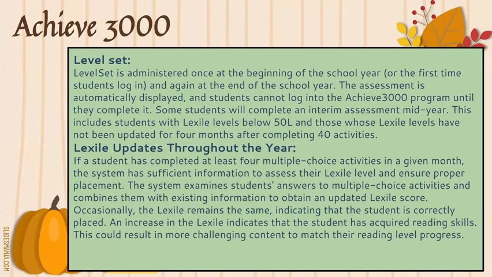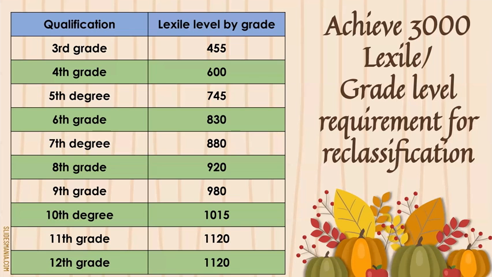So if we go to the next slide set here, what you'll see is the Lexiles depending on the grade level of the students, right? If you look here at the top, we have third grade, and what we are wanting is for our students to be at that 455 level. If you look at students in fifth grade, you'll notice that there is an increase to approximately 745.